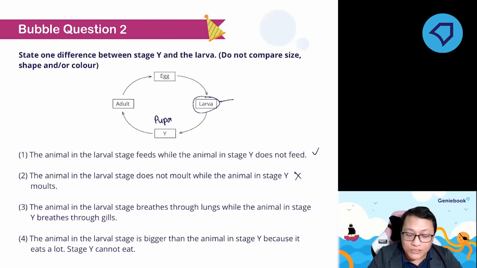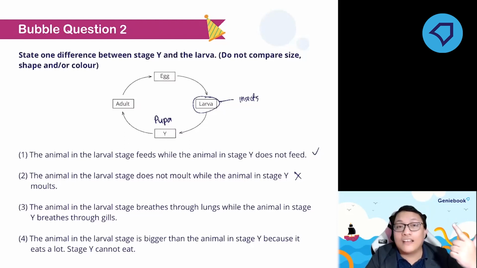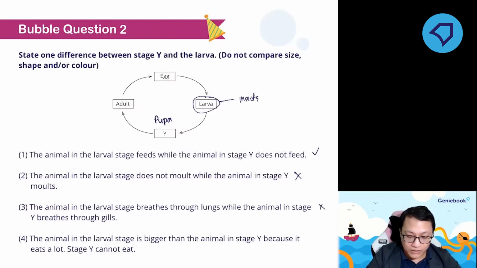No. Okay, so larva has to be insects, right? The animal is butterfly. No, it can be mosquito as well. As long as it is an insect and it has 4 stages of life cycle, then the young is called larva. So this one is incorrect.